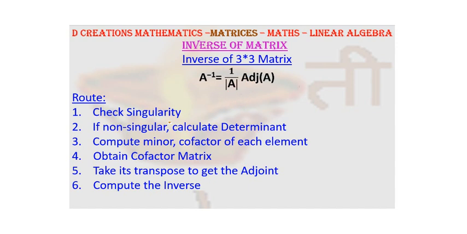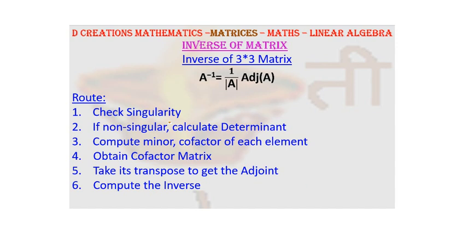Now, we have already calculated the determinant, so we are comfortable with the denominator. What about the numerator? Adjoint. If you recall, in order to calculate adjoint, you need to calculate minor and hence cofactor for each of the elements in the matrix. Then you have to organize it into a cofactor matrix. Take a transpose of this cofactor matrix to get the adjoint.